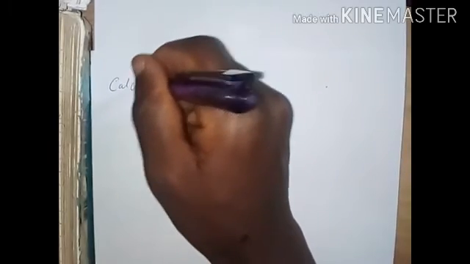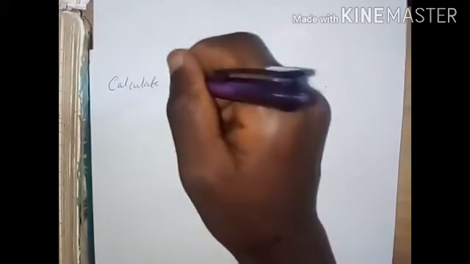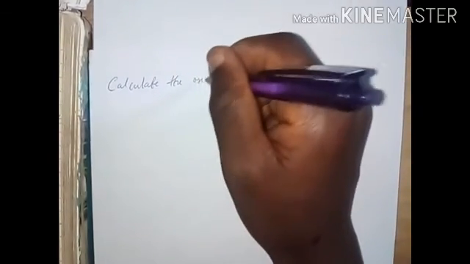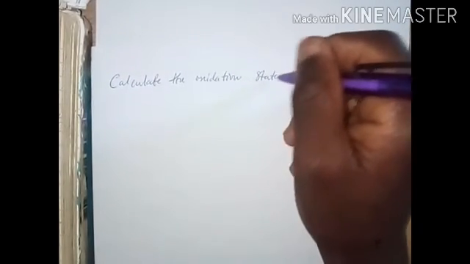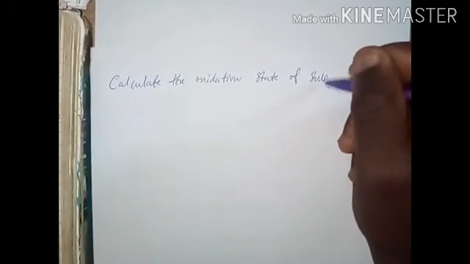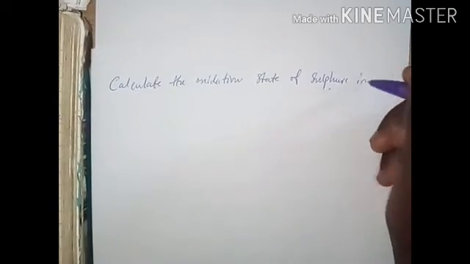Now we can have another case again. We can take 2 other examples to make sure that the calculation of oxidation state becomes familiar. Let us say, calculate the oxidation state of sulfur in the following.